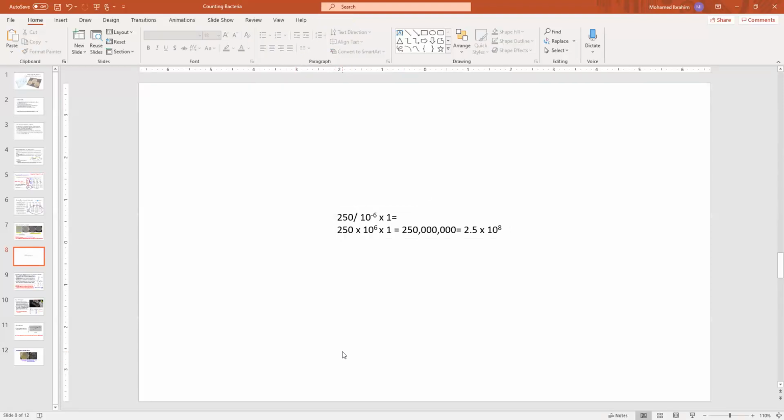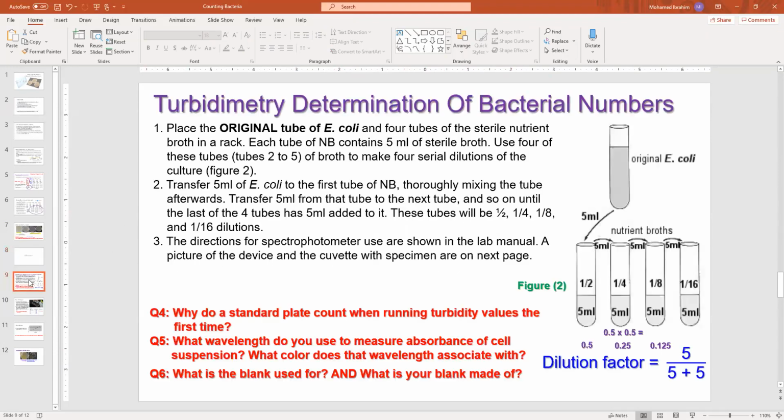You can just draw. Yeah, but since I'm here in the PowerPoint, this is why I decided to do it like that. But well, this is the way you calculate the colony forming unit. Now you are going to move to a completely different subject, which is how to measure absorbance.